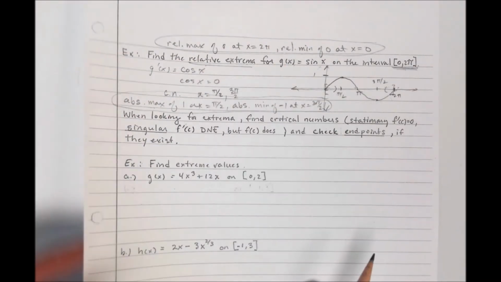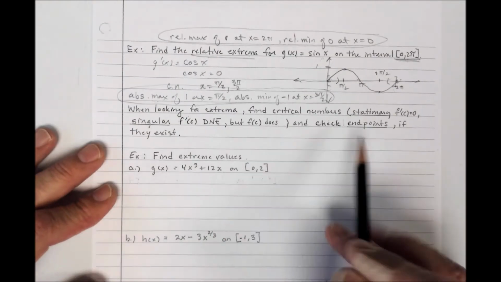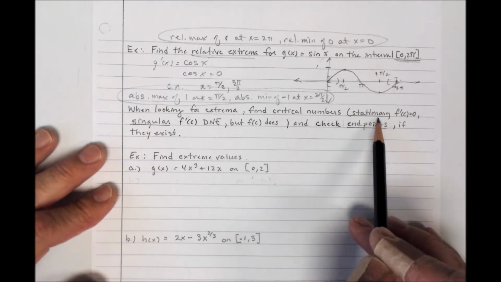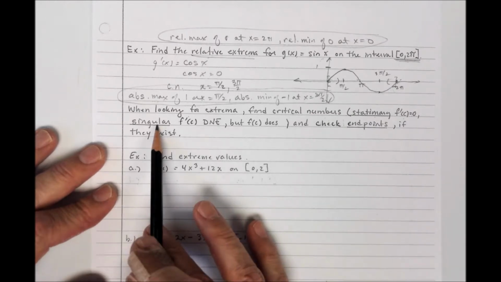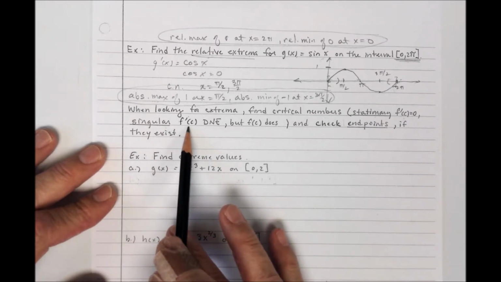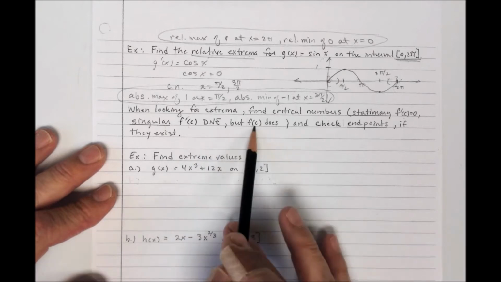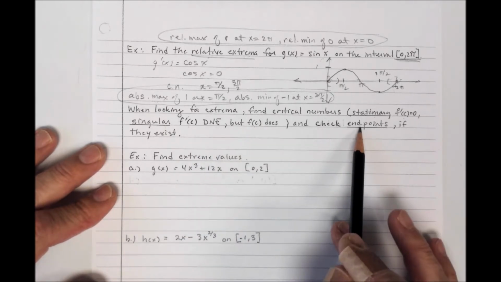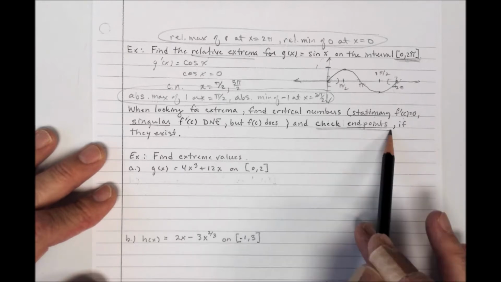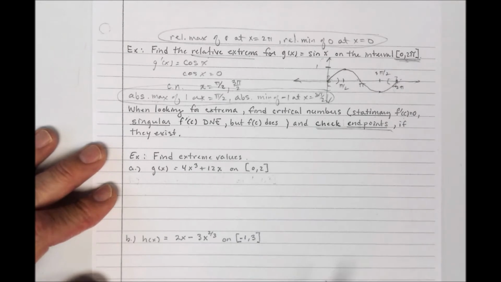Now, when we're looking for extrema, find the critical numbers, and as I mentioned before, they're called stationary if the derivative is equal to 0. They're called singular, with an S, if the derivative at that value does not exist, but f of c does exist. And even though it's not necessarily a critical number, we need to check the endpoints if the endpoints exist, like they did in the last example.